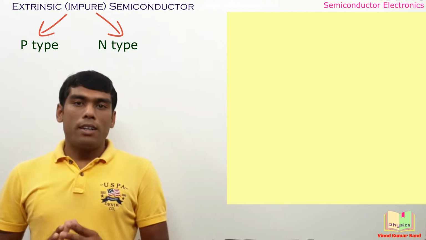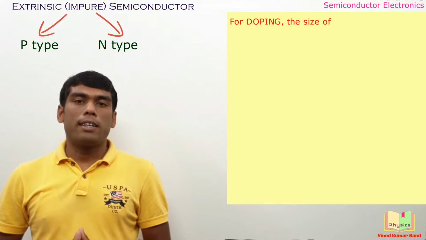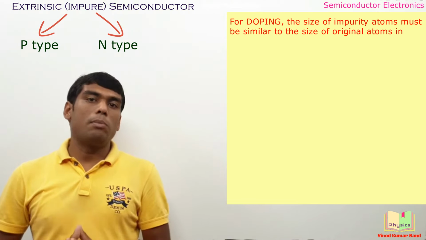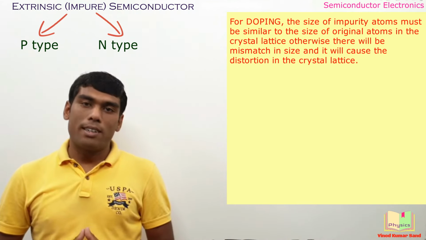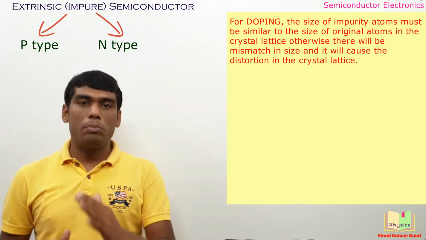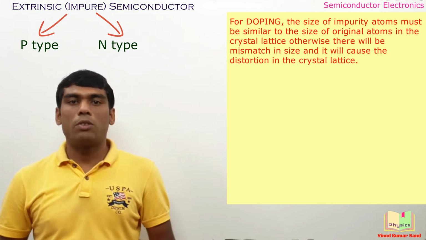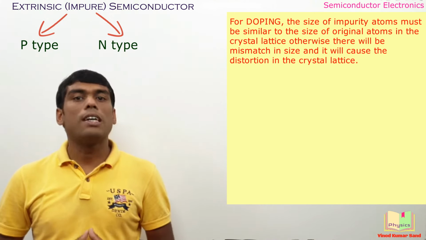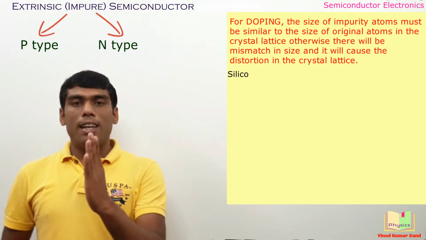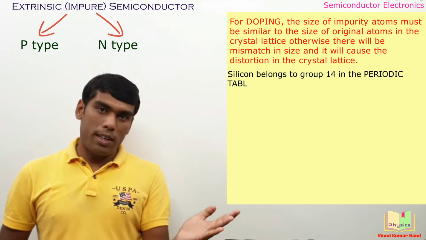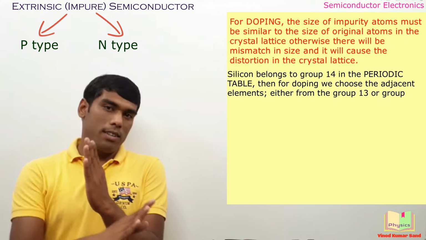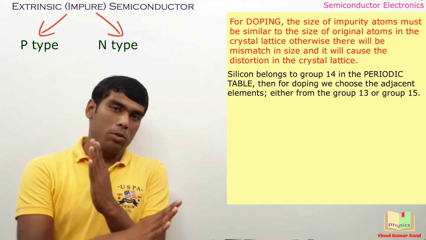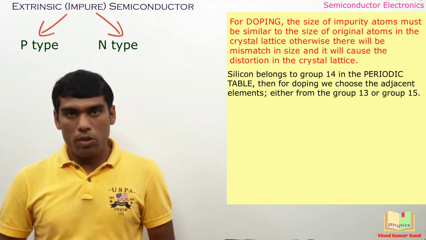For doping, the size of the impurity atom must be similar to the size of the original atoms of the crystal lattice. Otherwise, there will be a mismatch in size and it will cause distortion of the crystal lattice. Silicon belongs to group 14 in the periodic table, so for doping we will choose adjacent elements either from group 13 or from group 15.